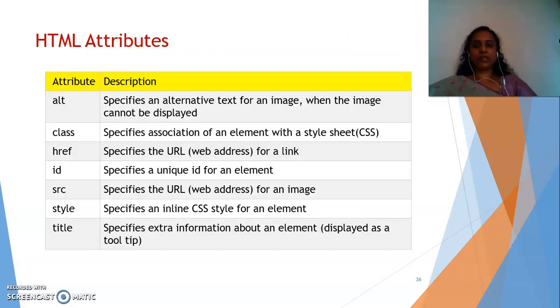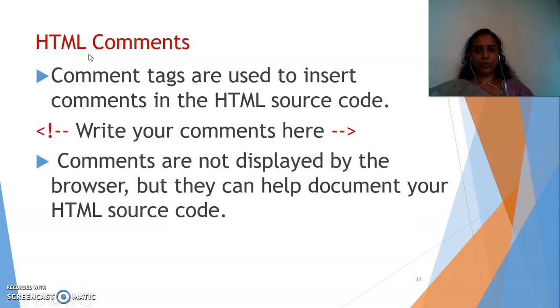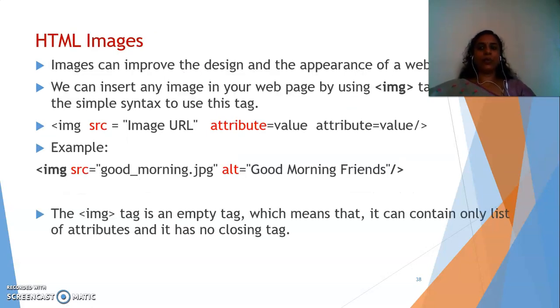Similarly, you have ALT, class, and href, which are all attributes for your tag. I will show you with an example how these attributes work. As discussed, this is a comment line, and now we are perfectly fine.